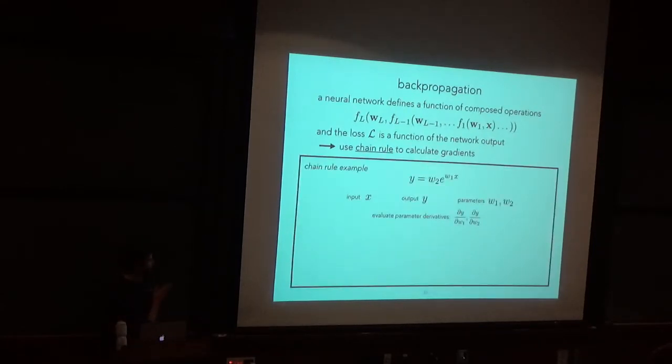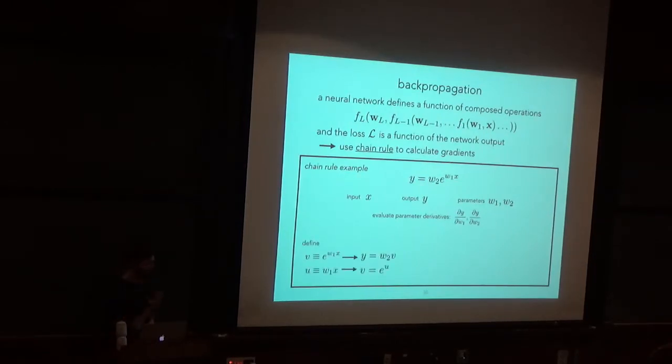We're going to go through this very brief example just so that everyone's on the same page about what we're trying to get at with the chain rule. We have, for instance, this simple function y = w2 · e^(w1·x), where we have this input x, the output y, and the parameters w1 and w2. What we want to calculate are the derivatives of the output with respect to each of the weights.